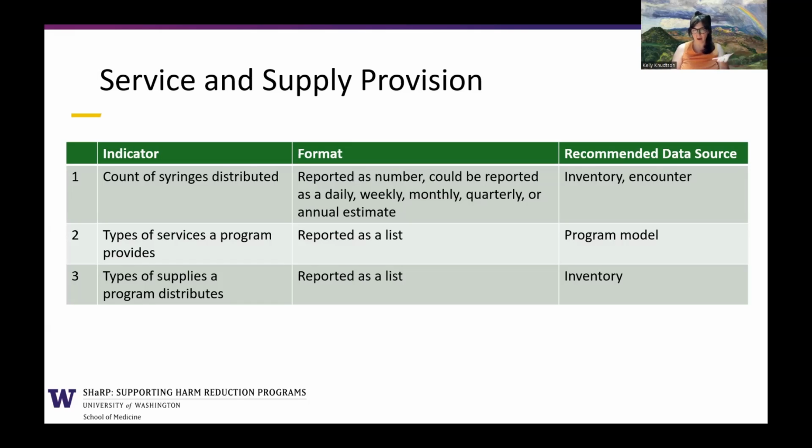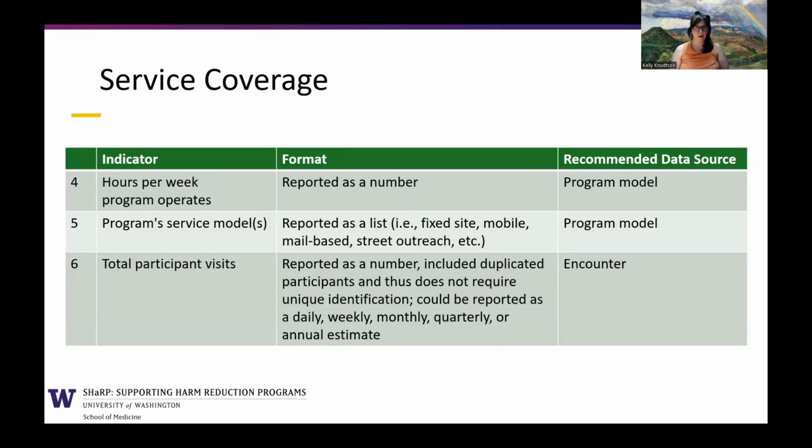So the format column refers to how we'd recommend reporting the indicator, and data source recommends where the data would have come from to calculate or write up an indicator. So as you can see, for these 3, none of them require asking questions of participants. Like for count of syringes distributed, you need some way to record the syringes out, but you wouldn't itself be asking that of participants.